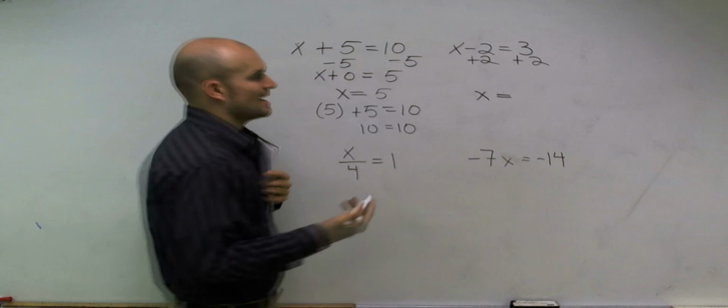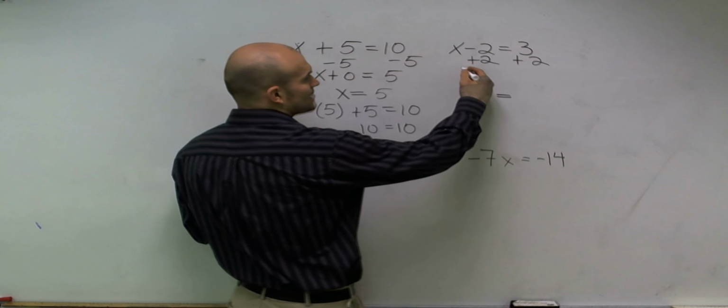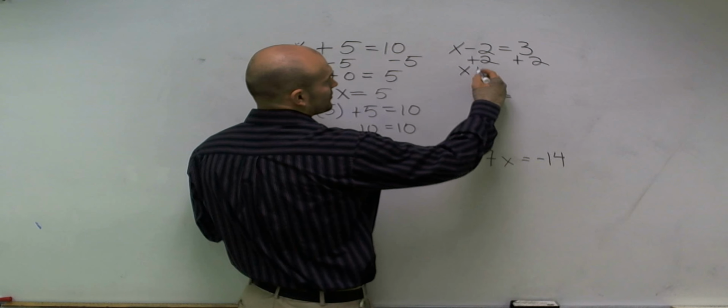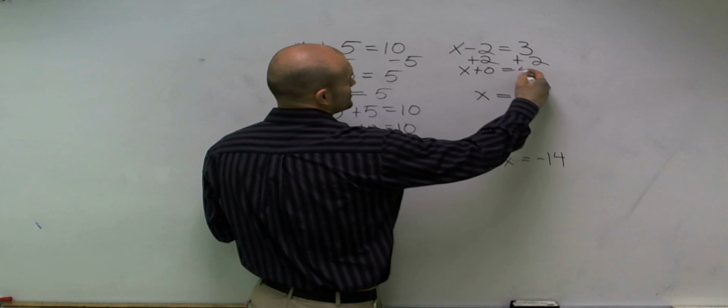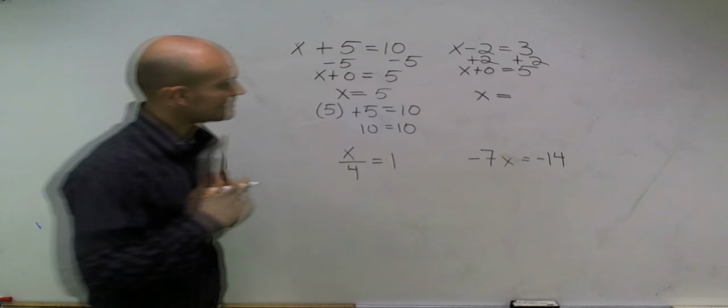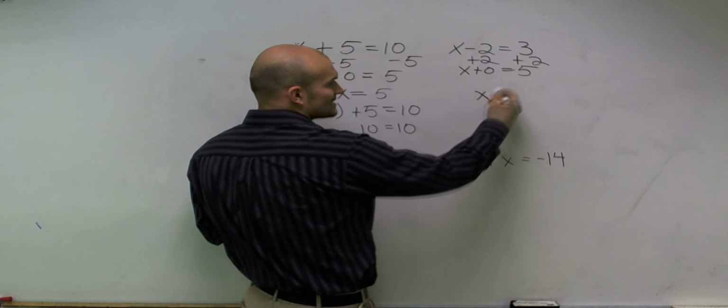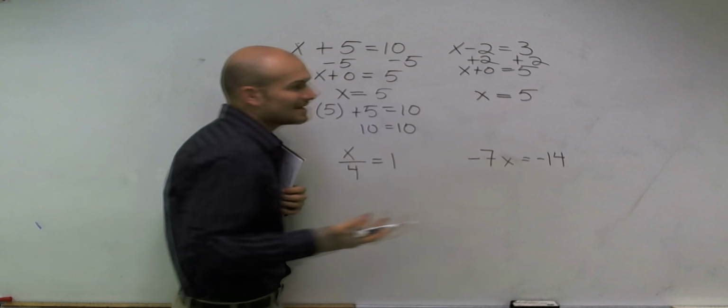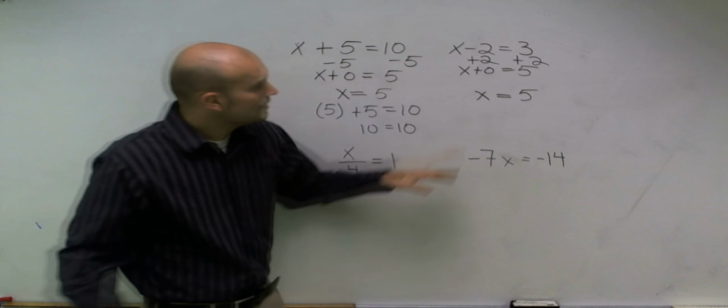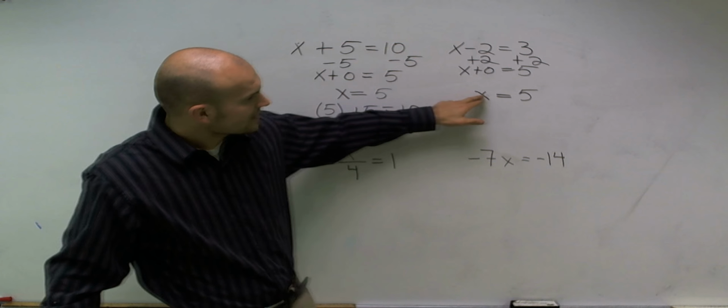Now when adding on both sides of the equal sign, what I've obtained is x plus 0 equals 5. And then obviously x plus 0 is x, and it equals 5. So again, I actually have the exact same answer for this one. And what it says is x is equal to 5.